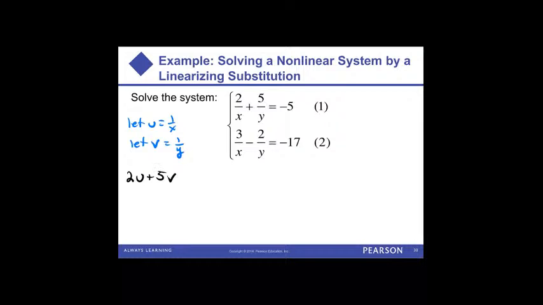And we got 3u minus 2v equals negative 17.